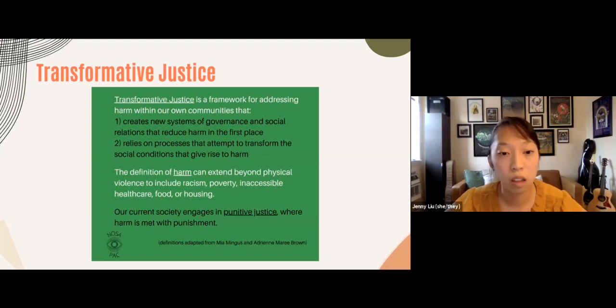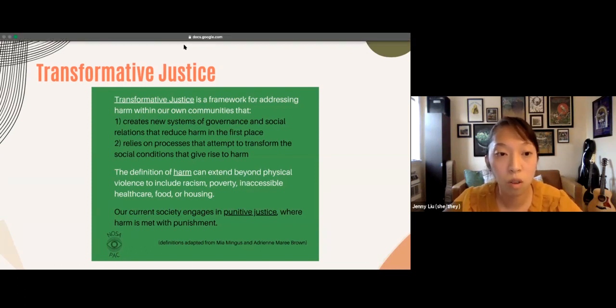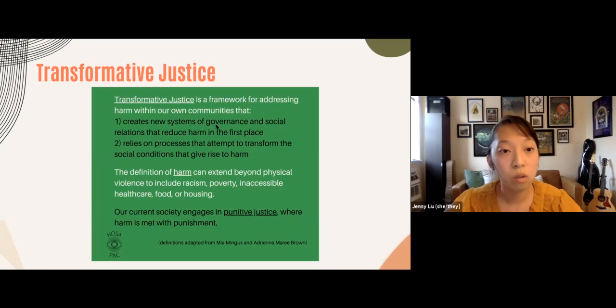Someone causes violence, that person is punished. So that is the framework that currently exists, but what we want to shift our thinking towards is more transformative justice, which is a framework for addressing harm within our own communities that creates new systems of governance and social relations that reduce harm in the first place.